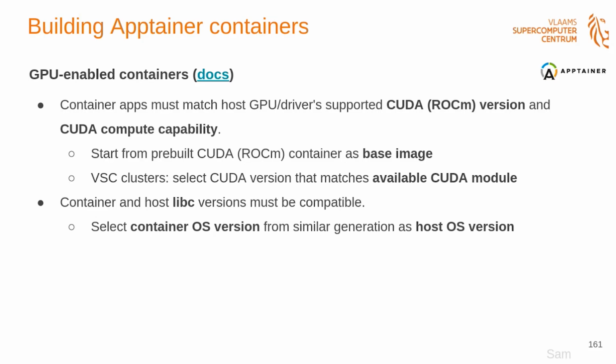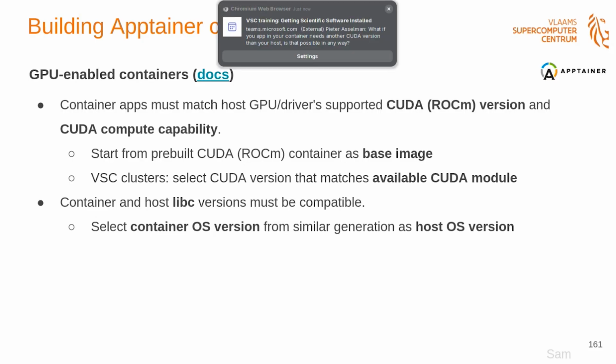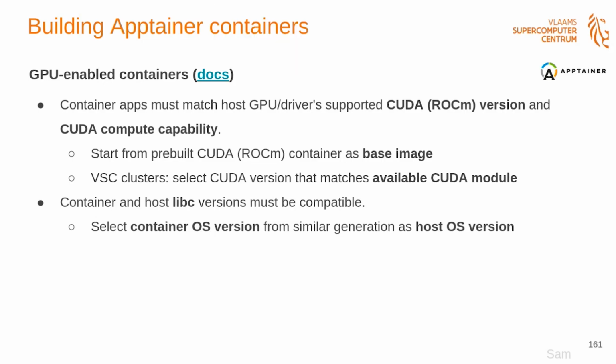Another thing we recommend is to start from a container base that already contains the CUDA libraries, for example from the NVIDIA container registry, which is very nice because it's optimized for NVIDIA GPUs. It also contains instructions for many different types of NVIDIA GPUs, so you don't have to specify this manually. It will have a fat binary of all the CUDA compute capabilities.